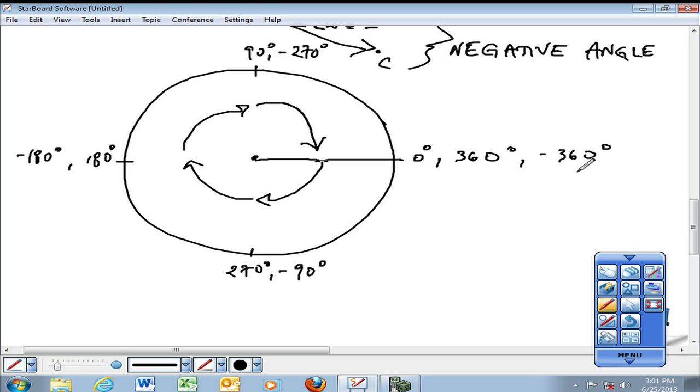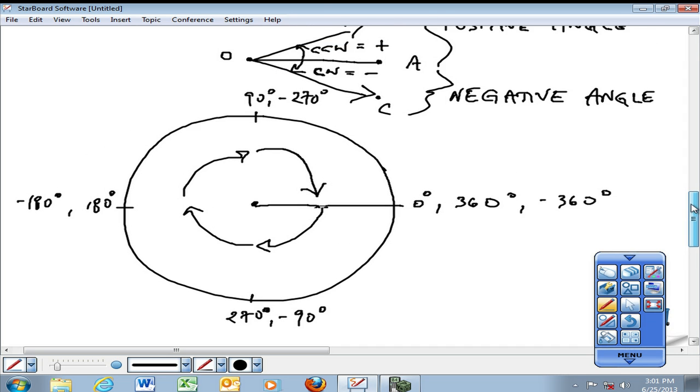Likewise, 270 degrees marks the same place as if someone went a negative 90, because negative degrees says you're going clockwise. Take a look.